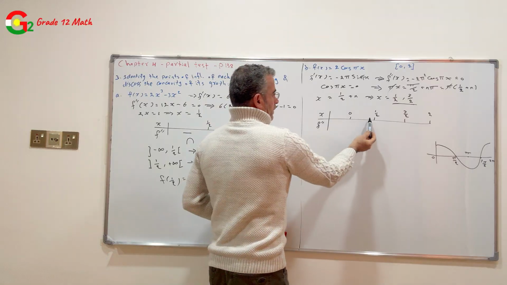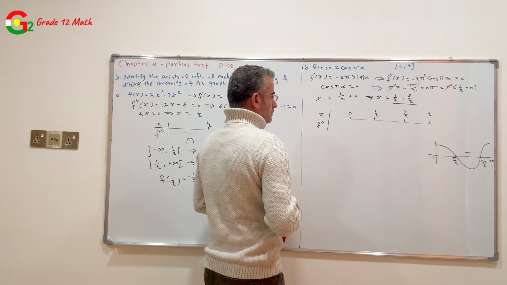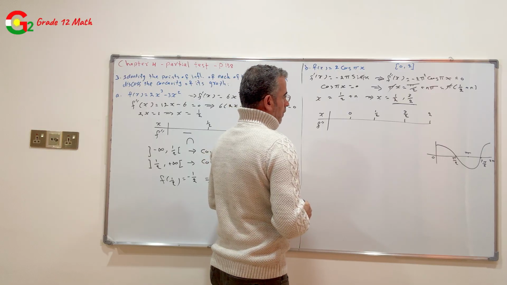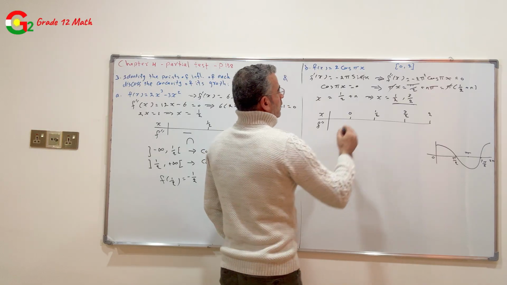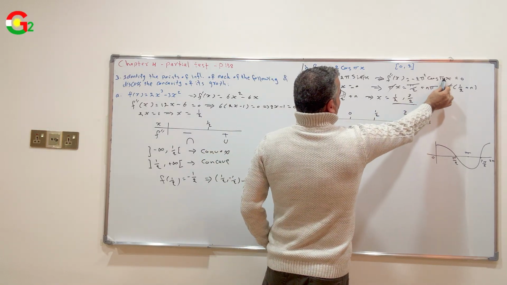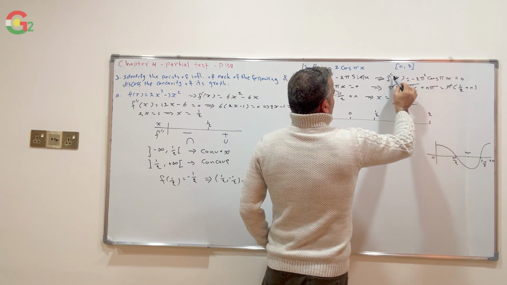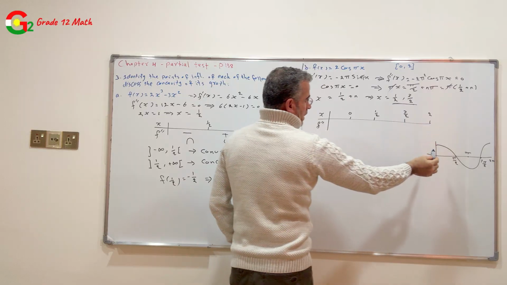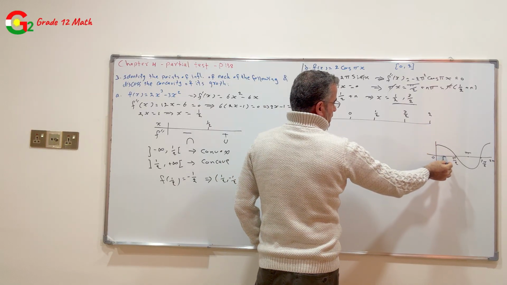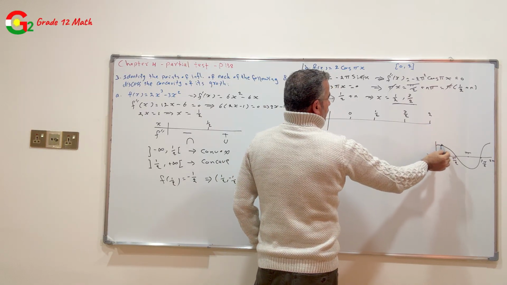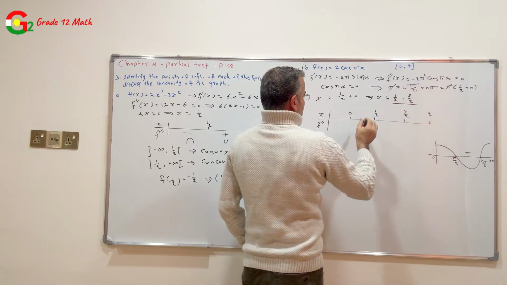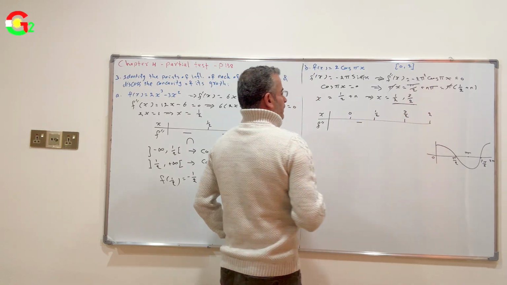Between 0 and 1/2, we take 1 over 4. Substitute 1 over 4 in the second derivative. Pi over 4, cosine pi over 4 is positive.